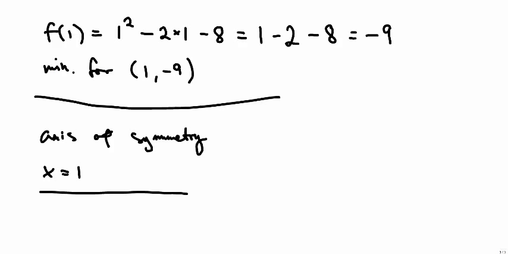Just going to get some more space here, going up, so we can start a new page. Domain: one way of writing it is x belongs to R, which is basically like saying all real values of x.